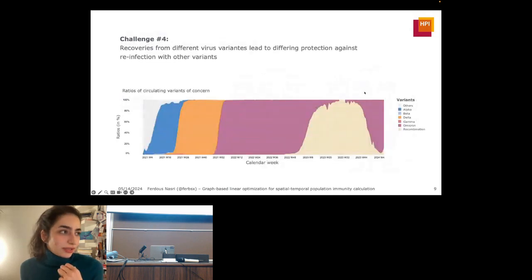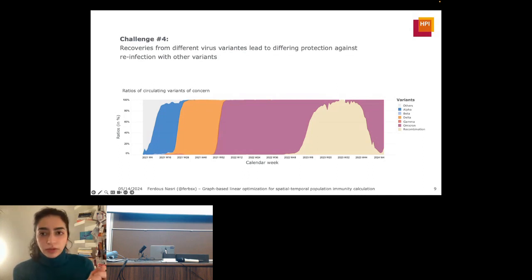And the next challenge we faced was looking at recoveries from different virus variants, since we realized, especially with Omicron, how people who recovered from Alpha did not have the same amount of protection to Omicron, and vice versa. So we needed to look into which variant people got infected with.